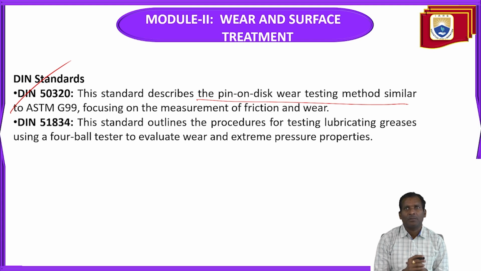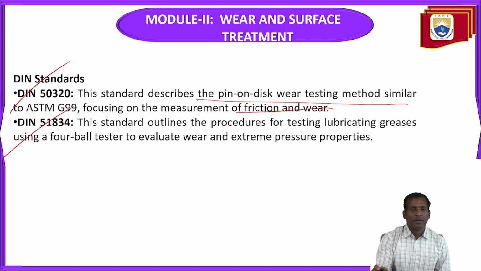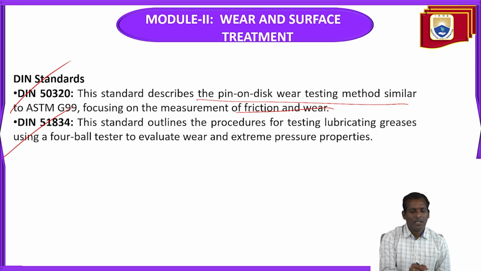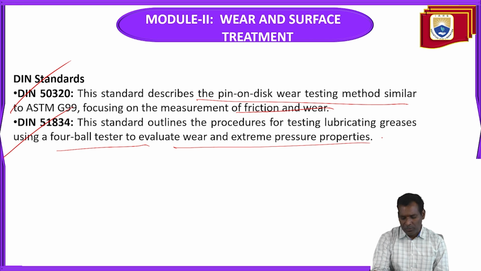So this standard is similar to ASTM G99, focusing on the measurement of friction and wear. DIN 51834 outlines the procedures for testing lubricating greases using a 4-ball tester to evaluate wear and extreme pressure properties.